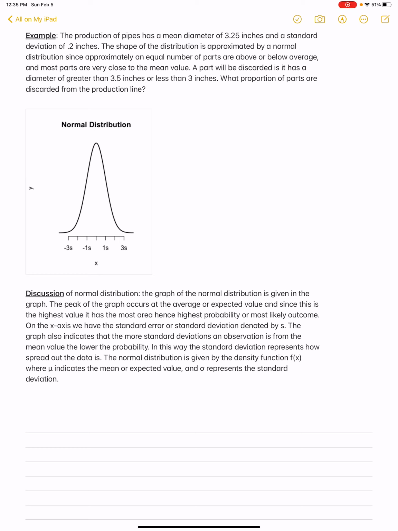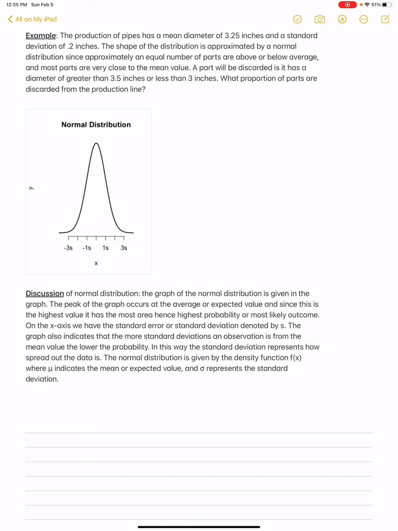Hi, today we're going to be talking about the following example in which a company produces pipes, and on the label or advertising of these pipes, it's advertised to have a diameter of 3.25 inches. Now, in production, nothing's made exactly at 3.25 inches.